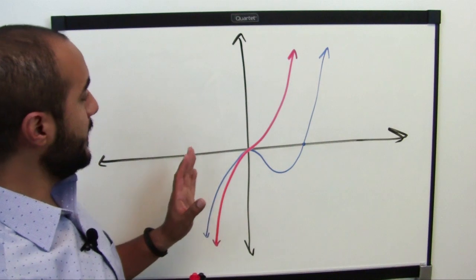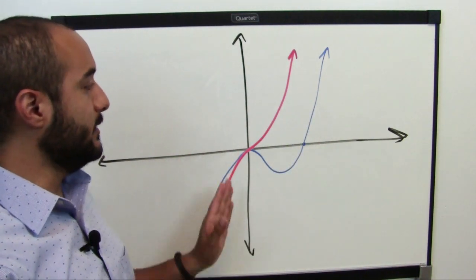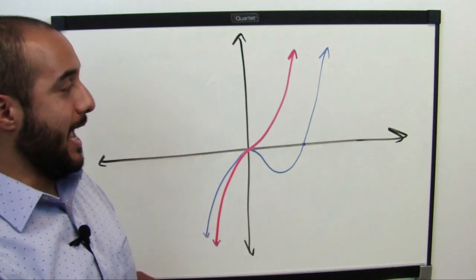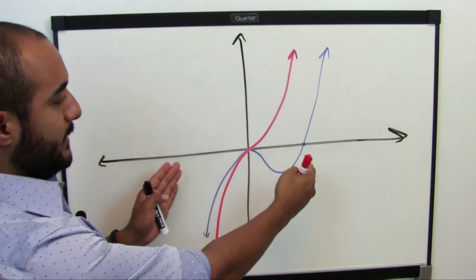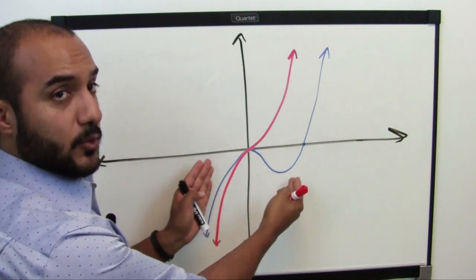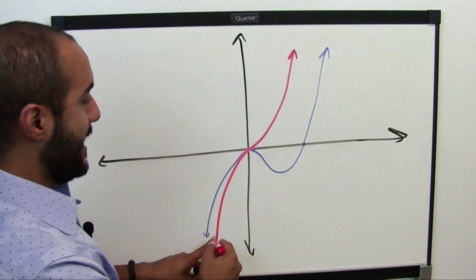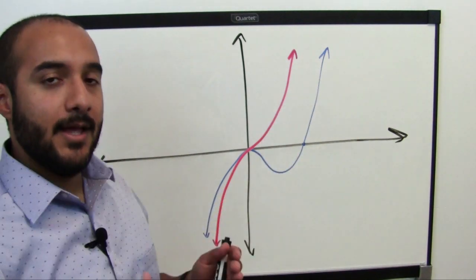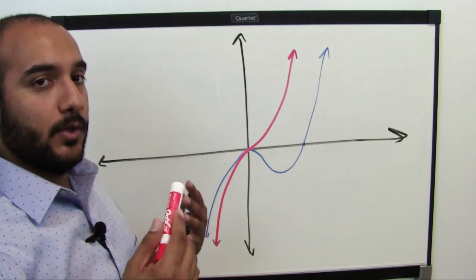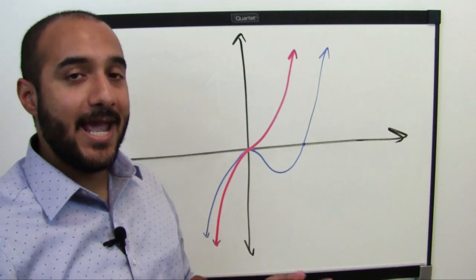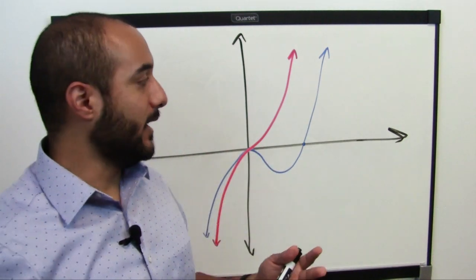Here in blue, we have the graph that we sketched together, and in red, we have our parent function, f of x is equal to x to the third power. You'll notice that towards the middle, they look different, but as we go further and further along, they start to look almost the same. This is what we call end behavior. Their end behavior is very similar. They're going to behave in the same way.